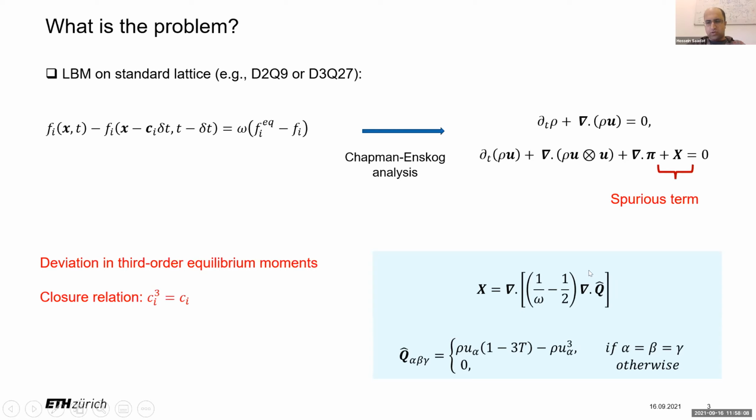It is proportional to Q hat, the deviation in the third order equilibrium moment compared to the Maxwell-Boltzmann moment.